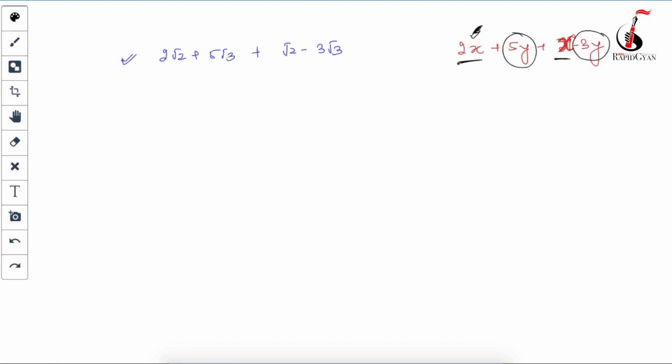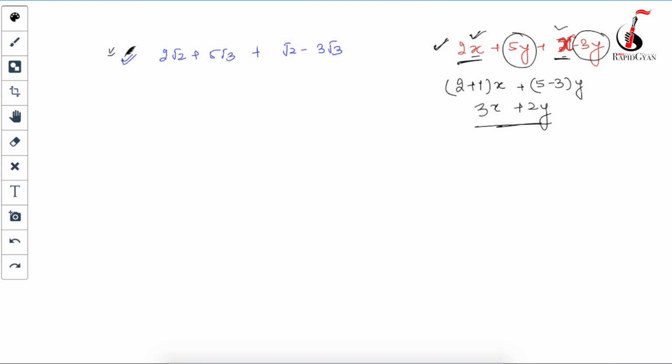In this case we have 2x and x, so we can take x common, so this will become 2 plus 1 multiplied by x. And I can take y common, so this will become 5 minus 3 multiplied by y. So this will give me 3x plus 2y, correct? Here also it's the same thing. Here also we will have to match the common irrational numbers the way we have matched our variables over here.